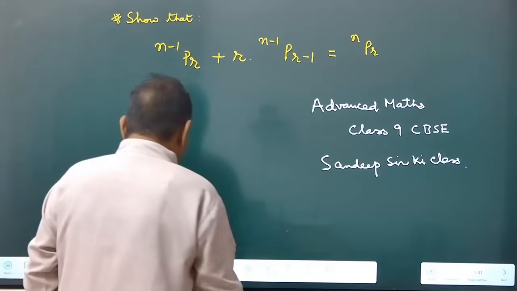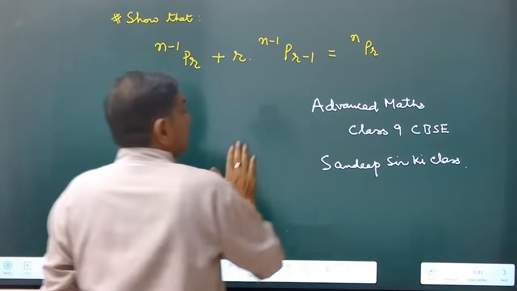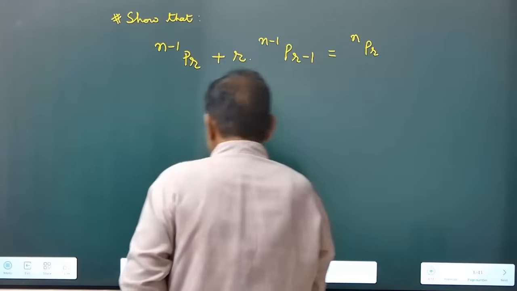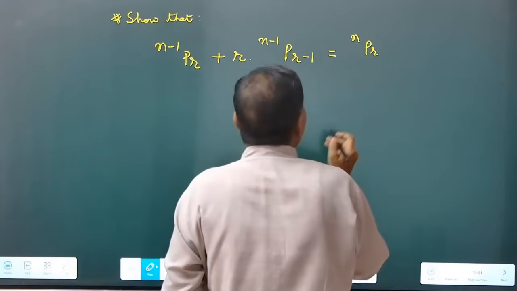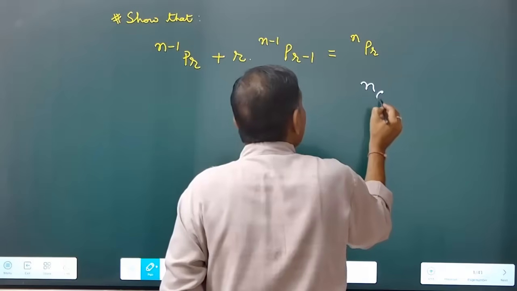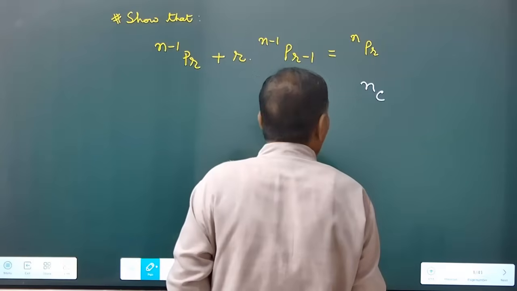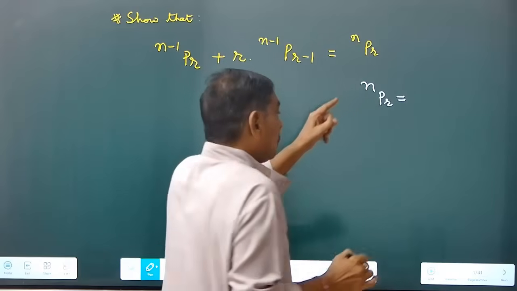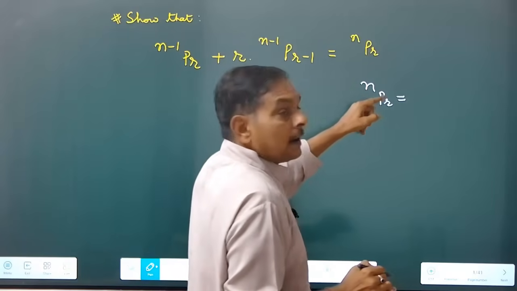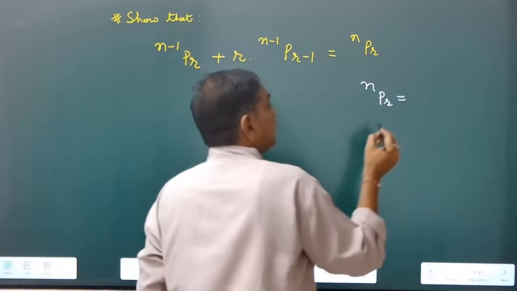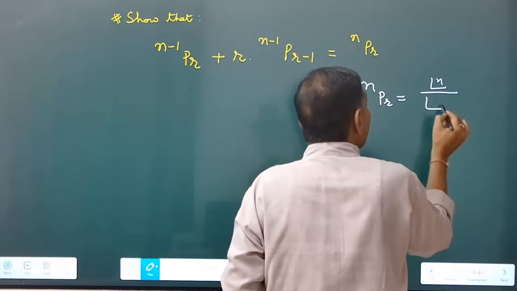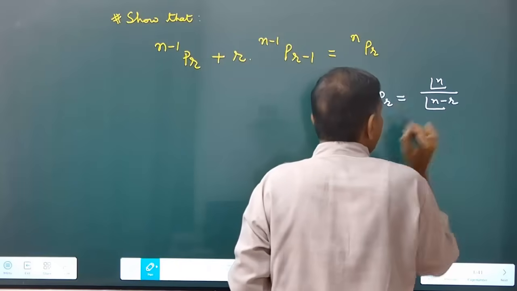Okay, with this background, now let us solve the question. So here, as we have discussed in our theory class, nPr means out of n objects, we are arranging r objects, and the formula is factorial n upon factorial n minus r.